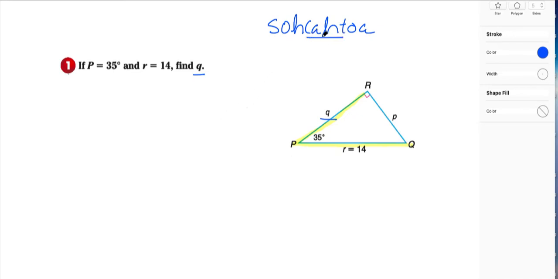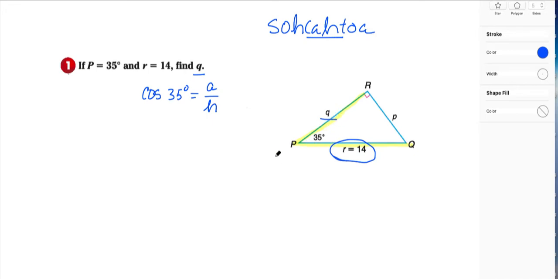I'm looking at CAH, or cosine, because the cosine of 35 degrees is going to give me the adjacent over hypotenuse. So when we're doing problems like this, you want to use what you've got to get what you want. And what I have is the hypotenuse. So I knew I wasn't going to use tangent. And I'm looking for the adjacent to 35 degrees, or to P, and therefore I needed to use this one.